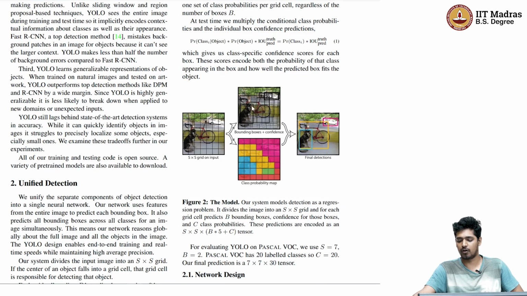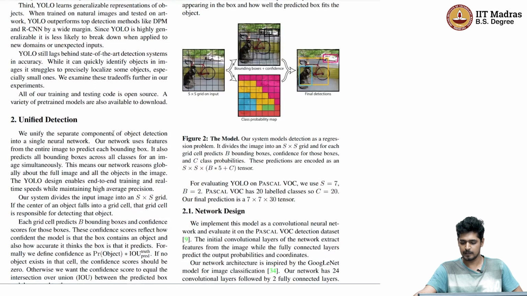Once you decide you have an object, you further also do the task of classification, where you are able to identify what is present in that particular box and then allocate it. So we are tackling both object detection and classification in a single shot basically. We don't have two different loss functions or two different architectures to deal with these two operations. We use a single architecture to solve both problems.